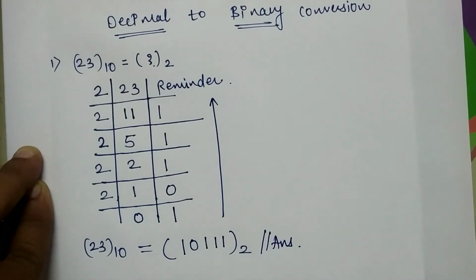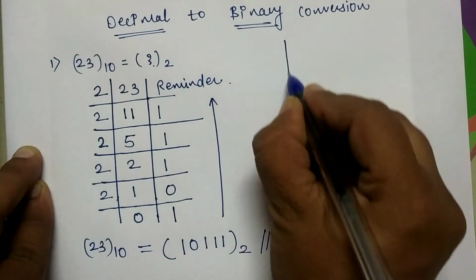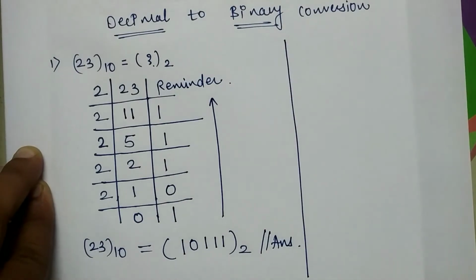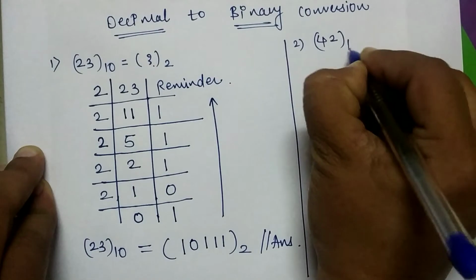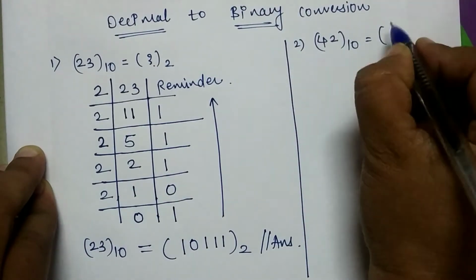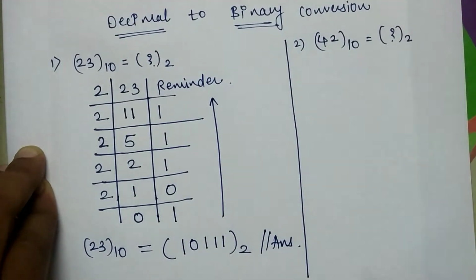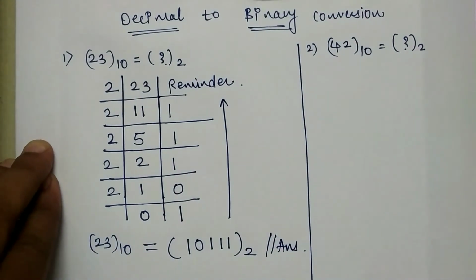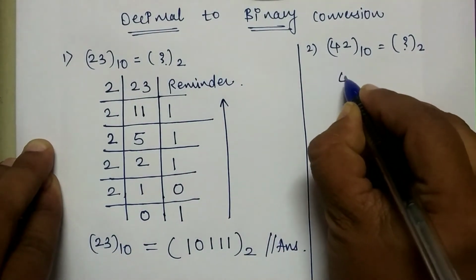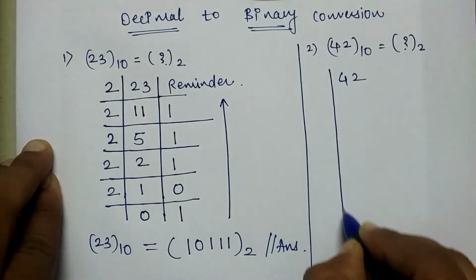Okay. Now let us consider the second example. The second example is we are going to convert 42 into an equivalent binary number. Again, we use the double method. So divide 42 by 2.